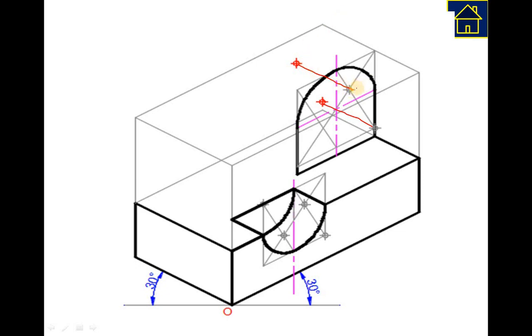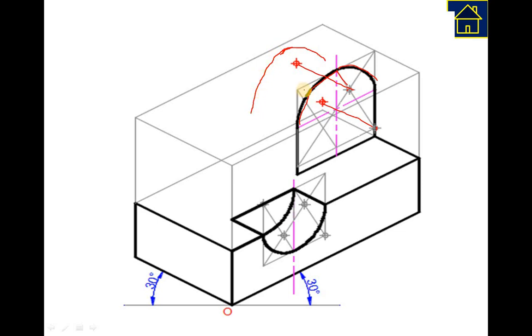And then I have drawn this curve with this center. With a similar radius, I am repeating the curve. With this center I drew this curve earlier, so I am taking a similar radius here at this center.